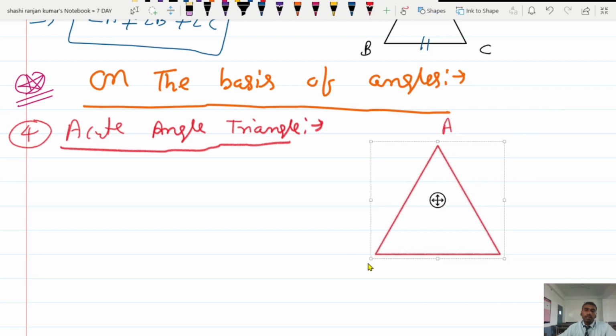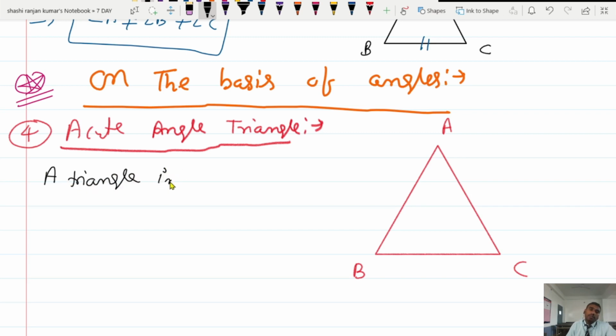So ABC, this is the triangle. If I am saying here, what is the acute angle triangle? A triangle in which all the angles are acute. What is the meaning of acute?